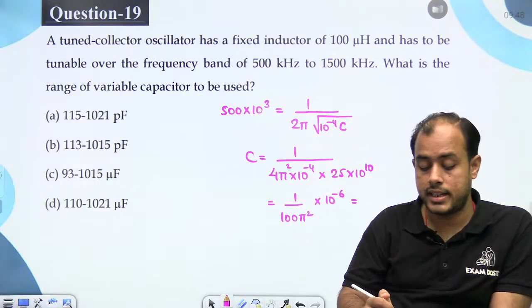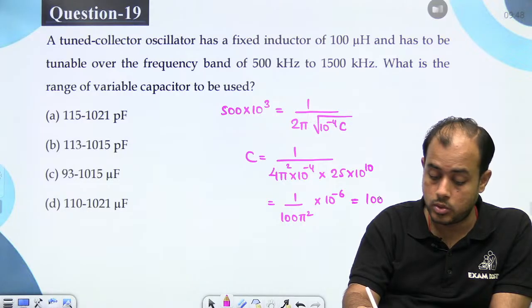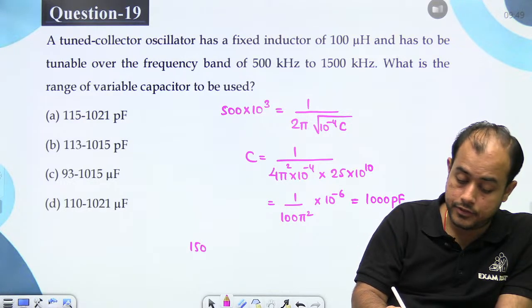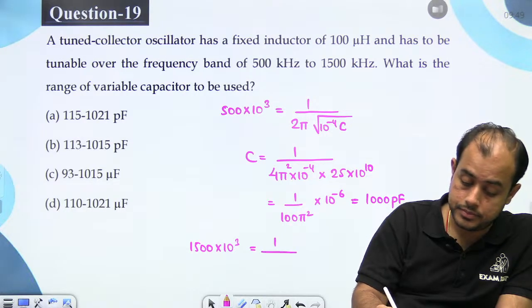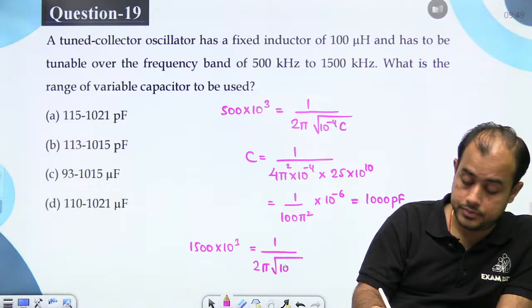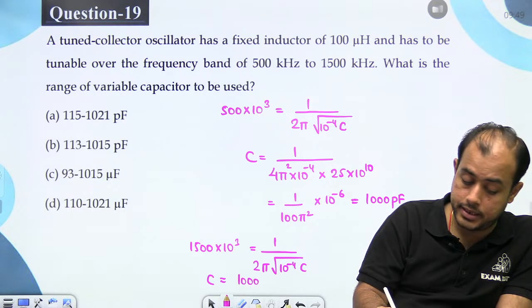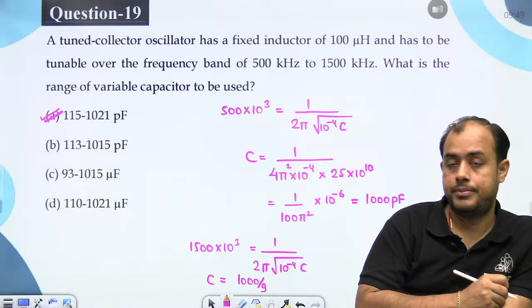I square you can take as 10, so approximately 1000 picofarad, approximately at 1500 kilohertz. Okay, so it will be approximately 1000 by 9. So I think it should be A.